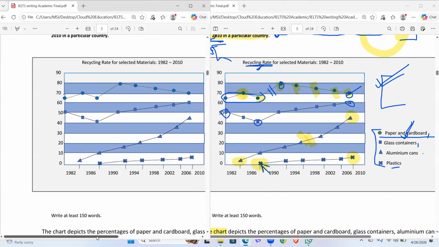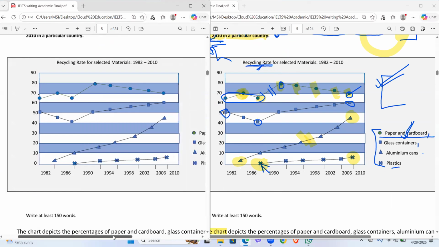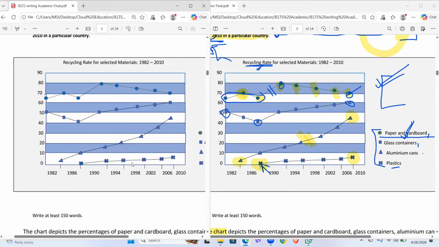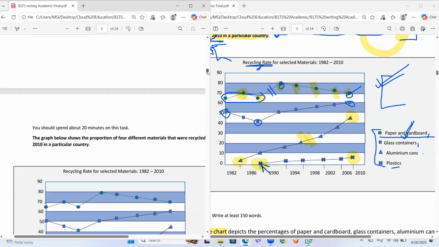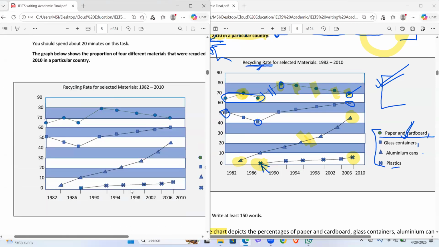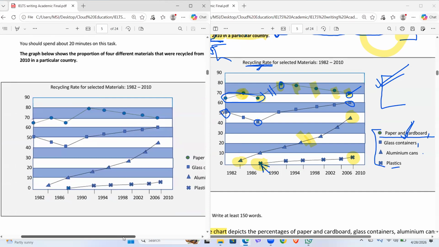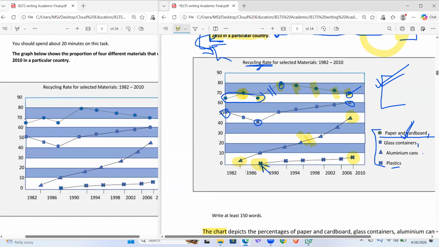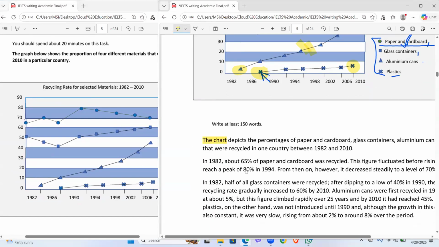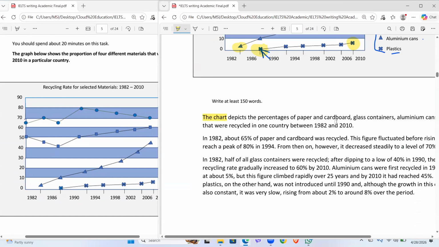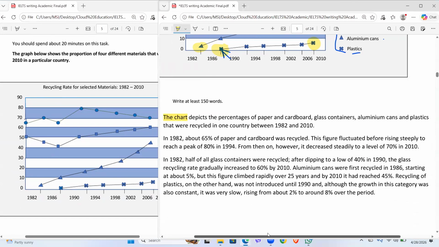Look at this figure. This is our question. This is the answer. So the chart, what is there in the question?